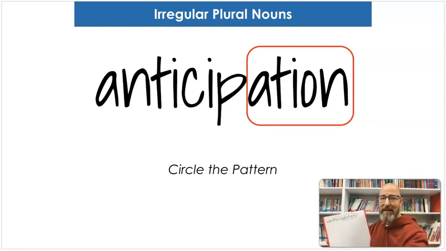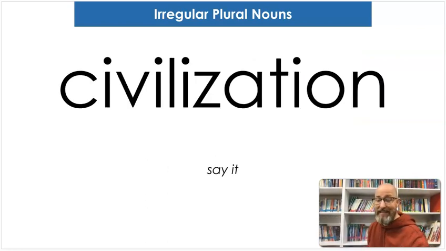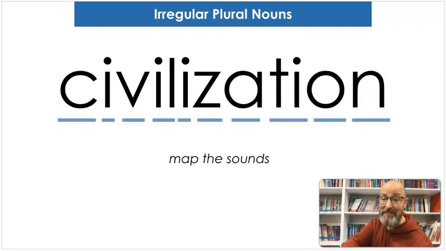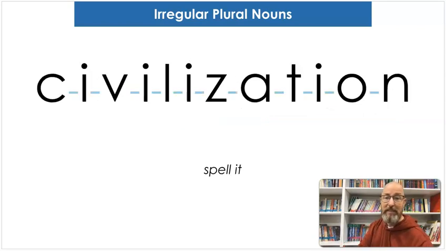Very good. Our next word is civilization. Say civilization. Root word is civilize. Map the sounds. Again, we're going to need all of our hands and fingers for this one. Civilization. Spell it.